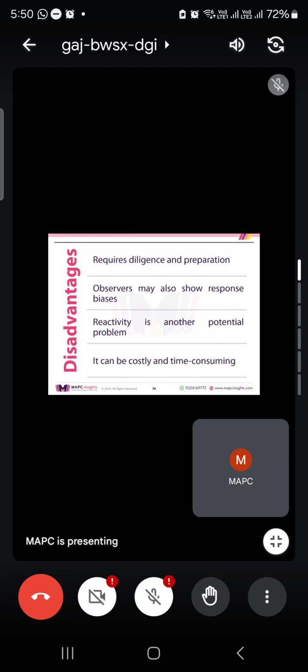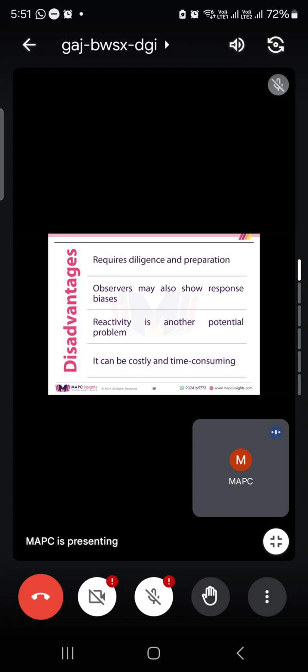Disadvantages: it requires diligence and preparation. There are a lot of nitty-gritties, so one needs to be really prepared for the observations. The biggest problem: the observer may also show response biases.